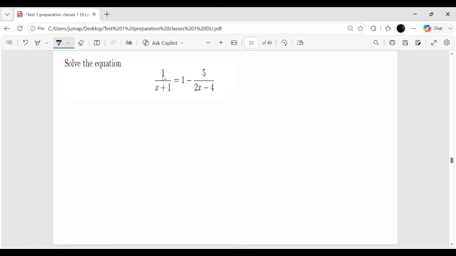So this one, you have 1 over x plus 1 is equals to 1 minus 5 over 2x minus 4. So you're going to say 1 over x plus 1 is equals to, so here you also first start with what is it. So this is 1. So I'm going to write 1 over 1 minus 5 over 2x minus 4.